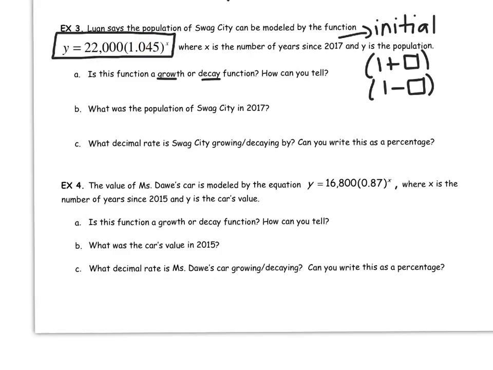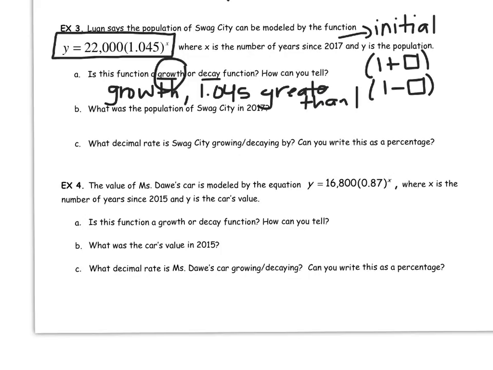If we start at 1, if I ended at 1.045, is that more than $1 or less than $1? And this is going to be growth, and the reason is because 1.045 is greater than 1. And that means that Luan must have used this equation to set up his function.